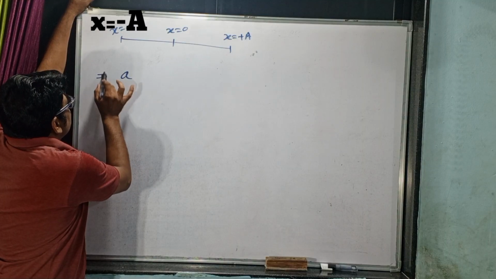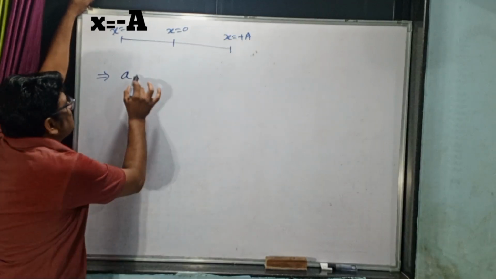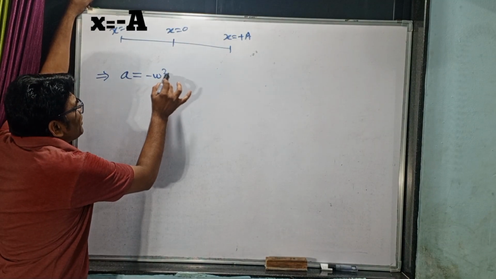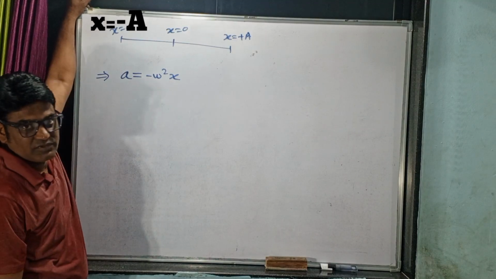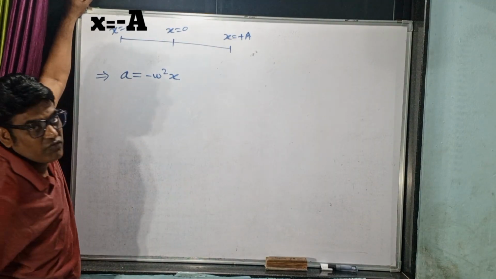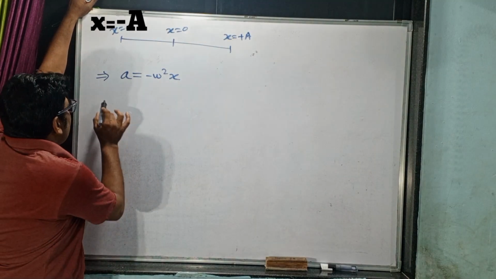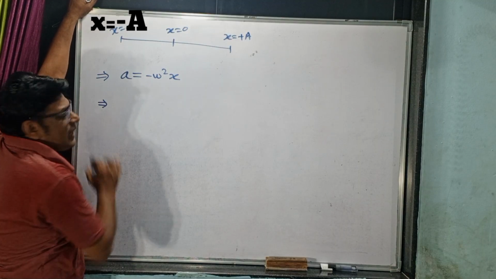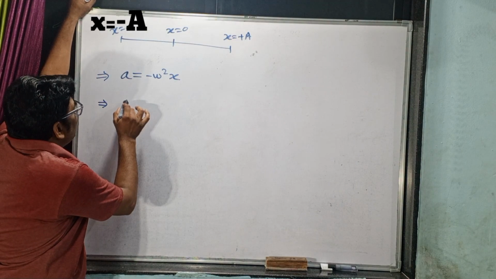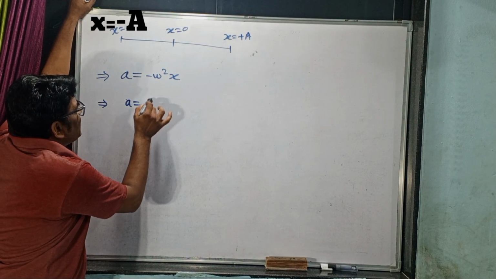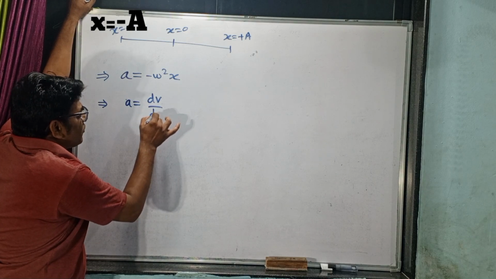The acceleration of this motion is given by minus omega square x. This is the acceleration of SHM. Now we know that acceleration is dv by dt. Correct or not?